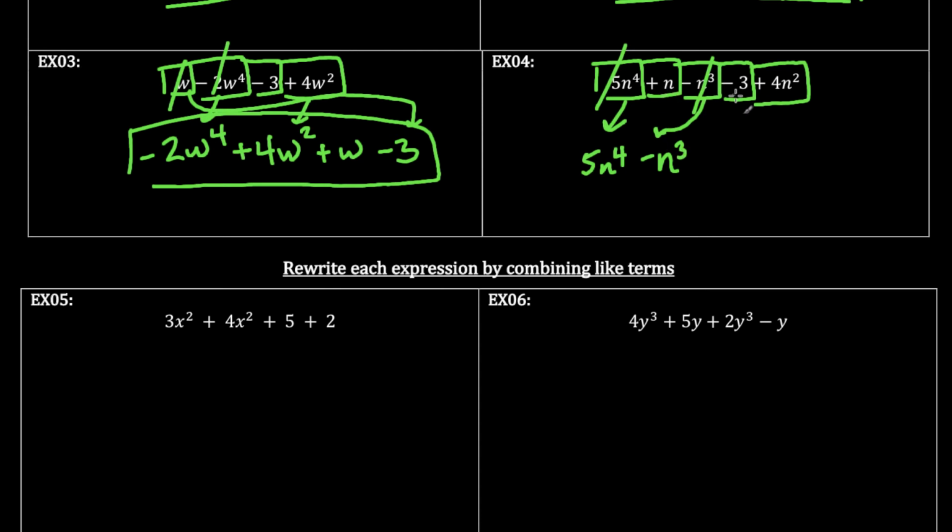Then we have n minus 3, and we have n, we have no n's, and we have n squared. So plus 4n squared. And lastly, we have an n and a minus 3, so plus n. And once again, we have a minus 3. That's interesting. So let's just end on the constant of minus 3.